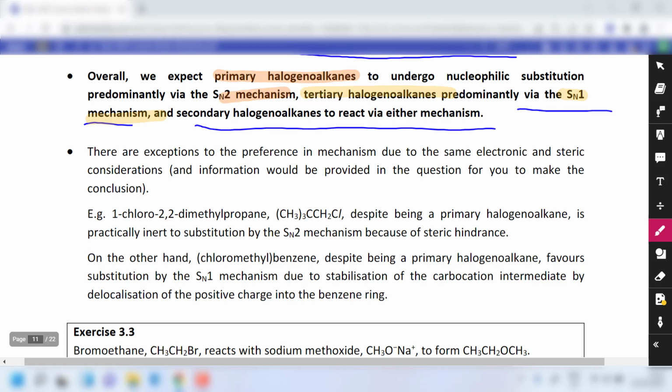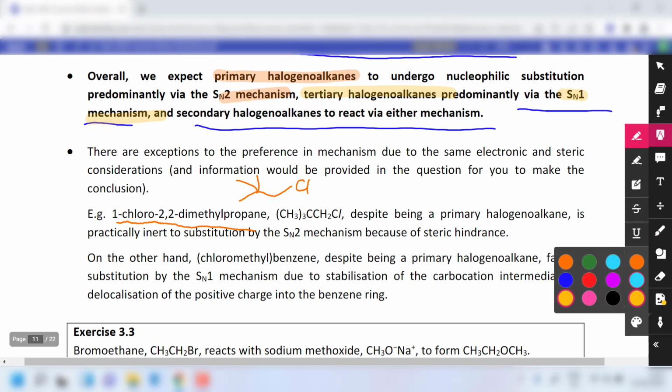So for example, this particular primary halogenoalkane, known as 1-chloro-2,2-dimethylpropane. If I sketch out the skeletal structure, it will look something like this. So it has a quaternary center here with a Cl. Despite being a primary halogenoalkane, you'll notice that it has a very huge bulky group over here.